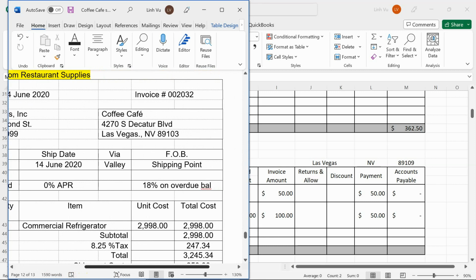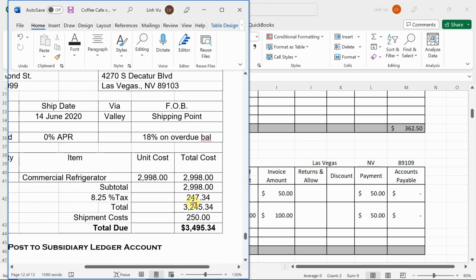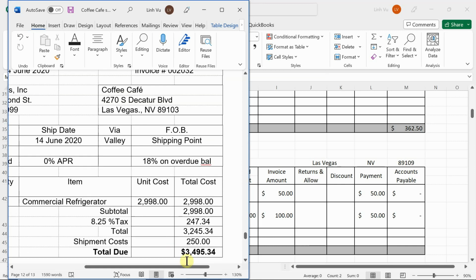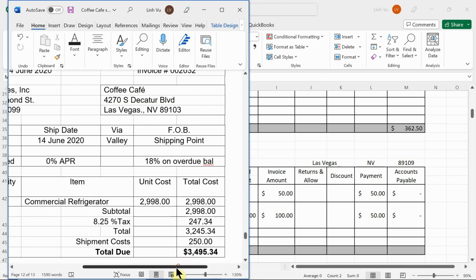$2,998. Tax cost me $247.34, and shipping cost $250. So your total amount due is $3,495.34. Okay?